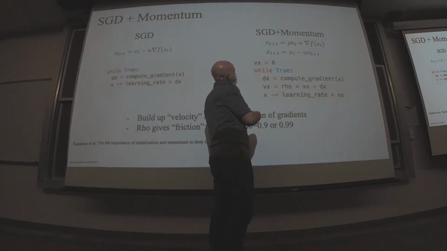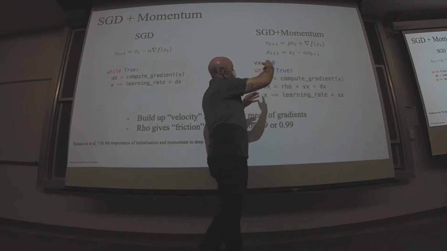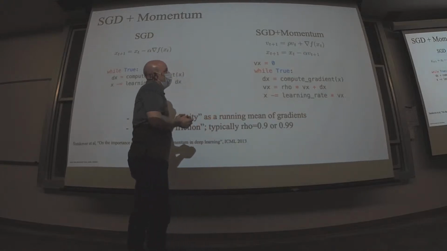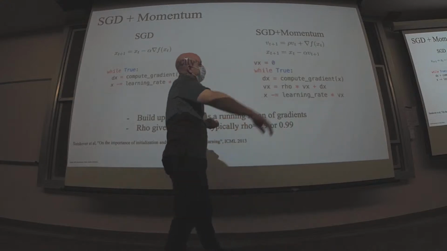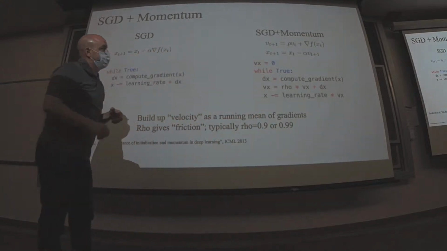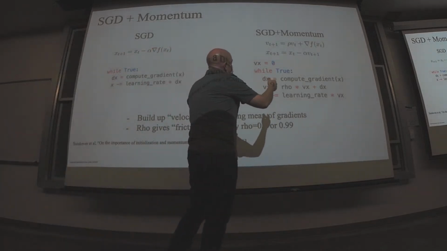The typical approach here is to do something similar to what Anthony said, but to keep a kind of exponential moving average. The way that's implemented is you pick some value rho, this momentum parameter, that's between 0 and 1.